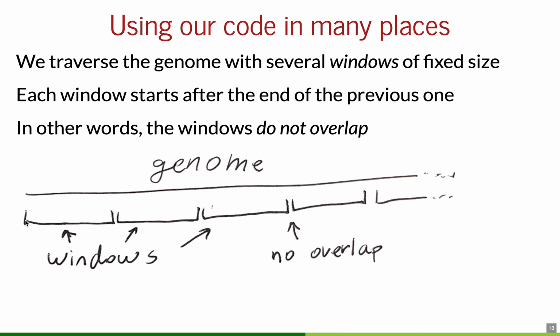So let's say from 1 to 1,000, then from 1,001 to 2,000, 2,001 to 3,000, and so on. These are called windows, more technically sliding windows, a way to see the whole genome piece by piece.